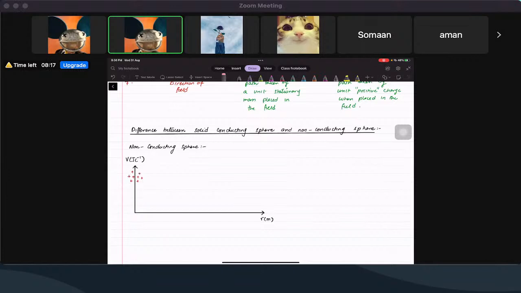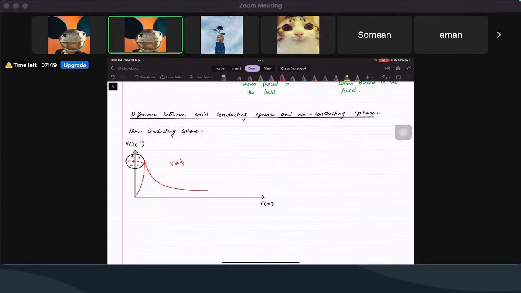This shows you a curve like this because voltage is inversely proportional to 1 upon R. However, from the inside, the voltage increases non-linearly like this. Let me draw it a bit nicely. So inside it is this, and this is the radius of the sphere itself. You've got to remember this. Usually this non-conducting sphere graph hardly ever comes, so you don't have to worry about it.